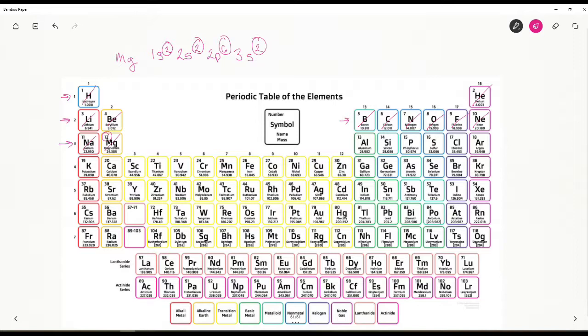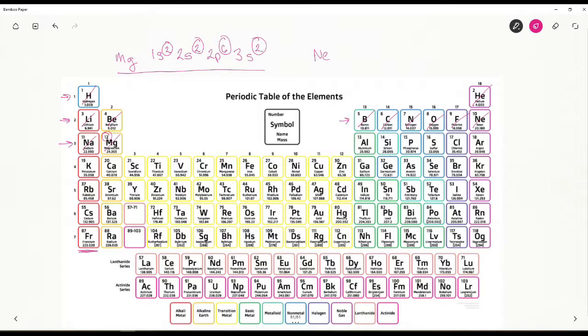Now, you can probably already see that if we are going to do electron configurations for atoms with many electrons, say we were going to do francium down here, our electron configuration is going to get very long. So I want to show you a shortcut. I am going to keep the electron configuration for magnesium up there, but right next to it I want to do the electron configuration for neon.